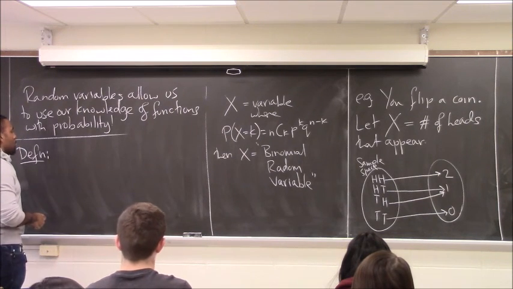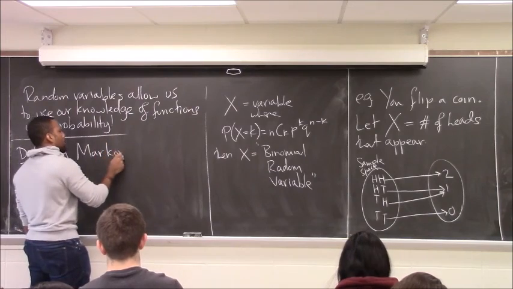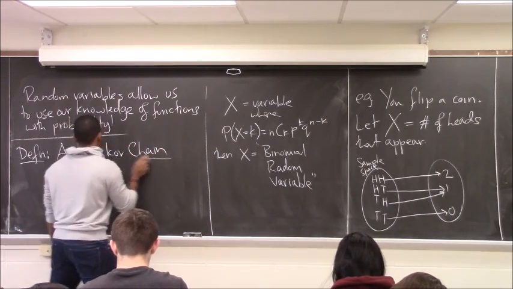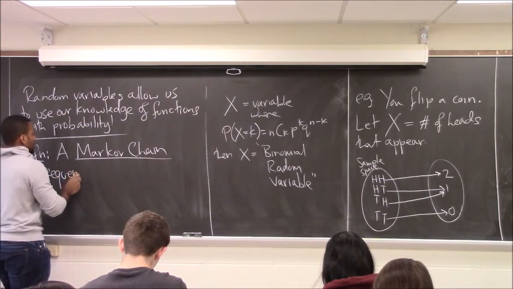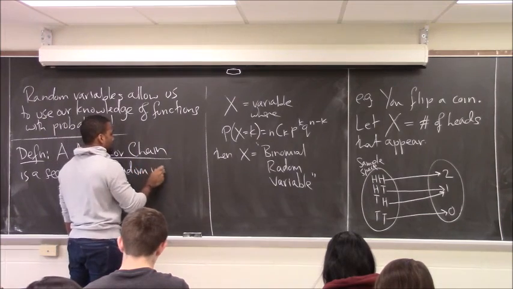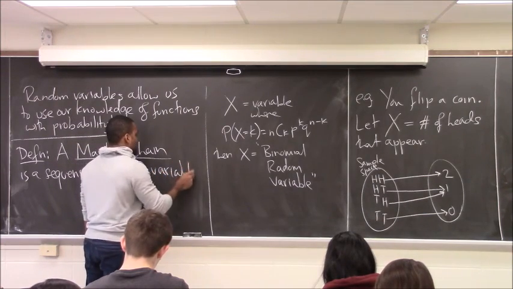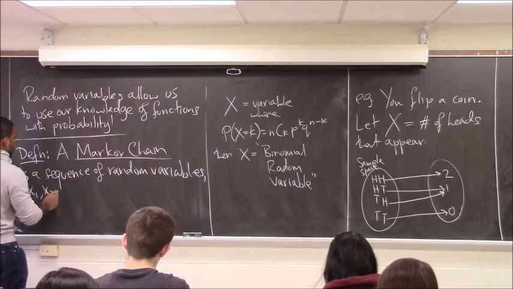What is a Markov chain? A Markov chain is a sequence of random variables x1, x2, x3.